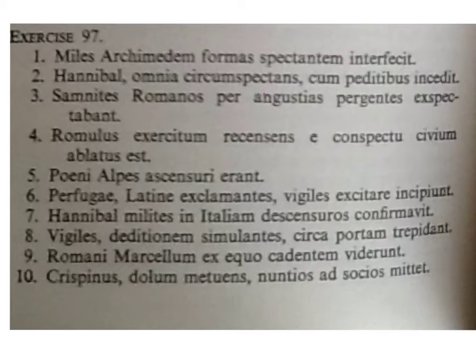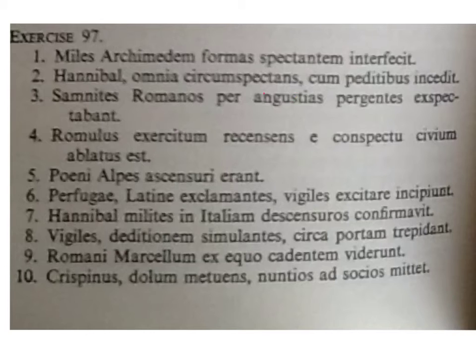Samnites, the Samnites, expectabant, were waiting for the Romans. Pergentes there. You've got expectabant, which is obviously the imperfect, and pergentes, describing here the Romans, because pergentes could be either a nominative or an accusative ending.